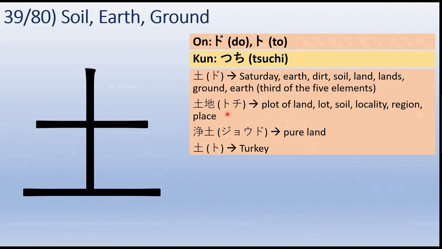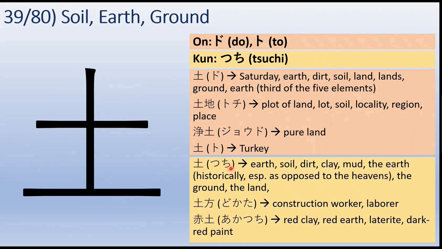Then we have tochi. Tochi means plot of land, lot, soil, locality, region, or place. Then we have jodo. Jodo means pure land, and the to also represents Turkey. So this symbol represents Turkey as well.